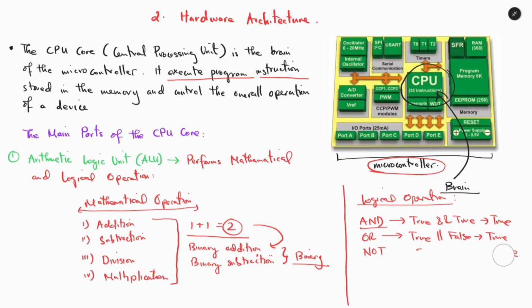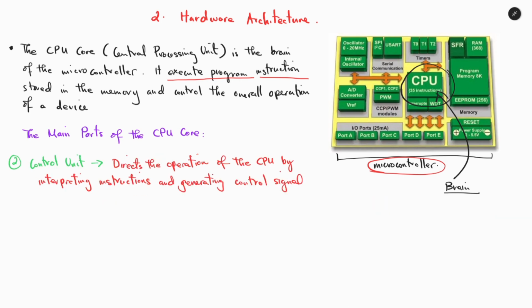And finally, we have the NOT gate, where when we have true, the output will be false. When we have false, the output will be true. Now you can understand the difference between a logical operation and a mathematical operation. Both are different operations that can be performed by the arithmetic logic unit.